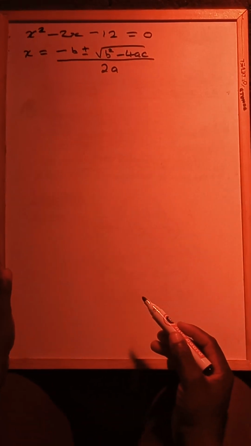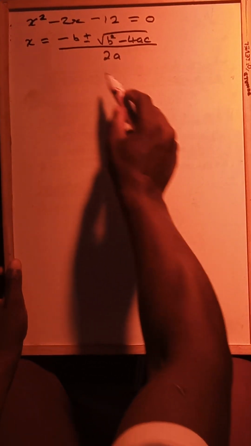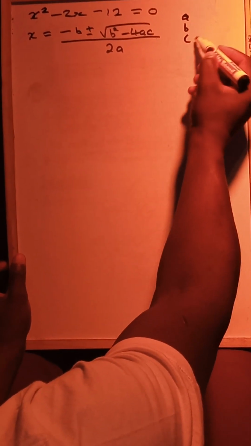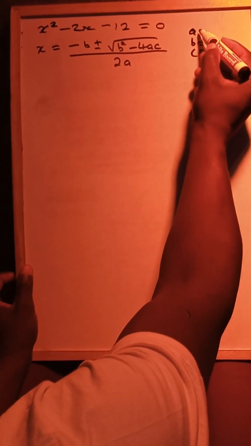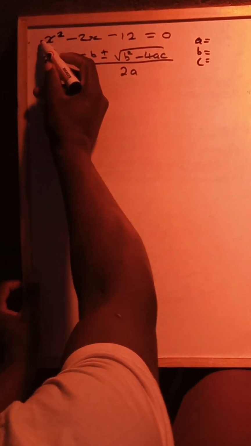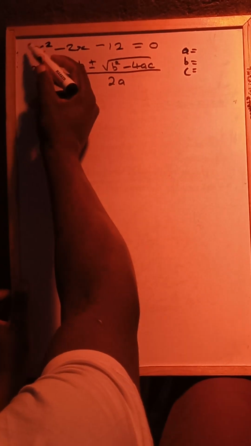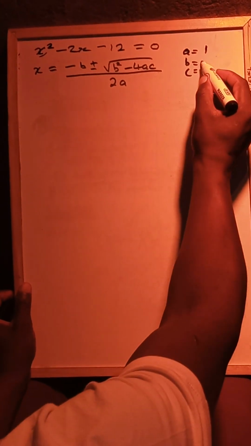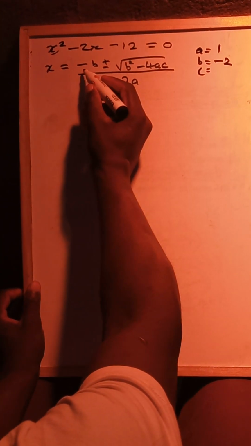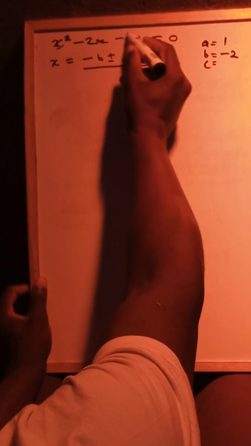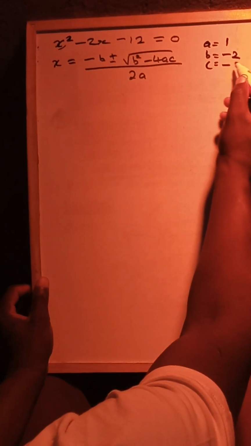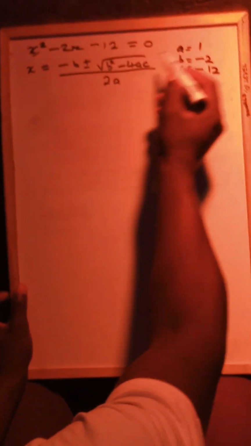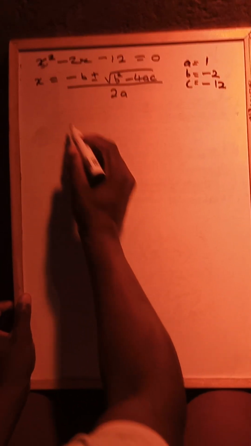What are the values for substitution? A, B, C. This is what I always do. The value of A is the coefficient of x squared, so A is 1. B, the coefficient of x, is minus 2. C is the number without an x, so it's minus 12. So let us substitute these values into the quadratic formula.